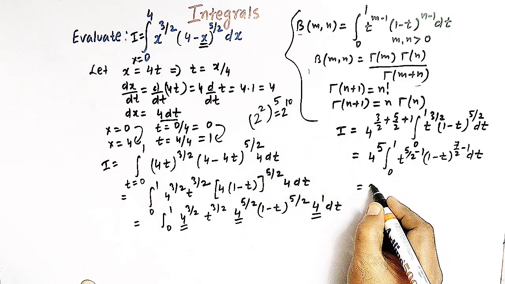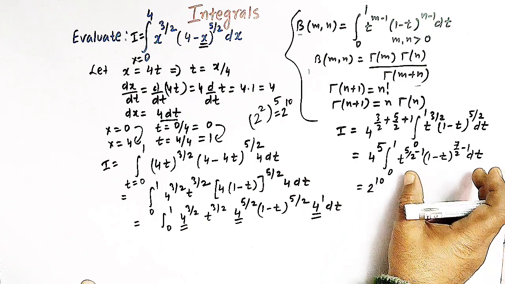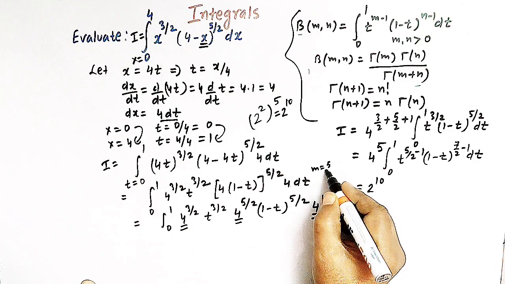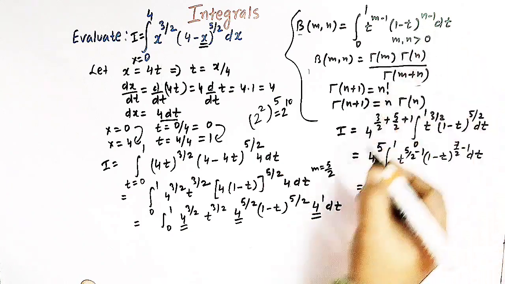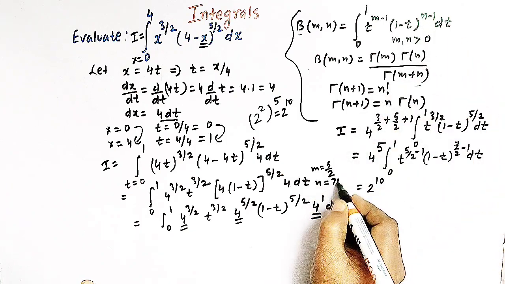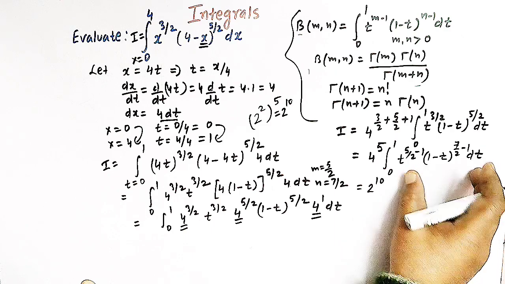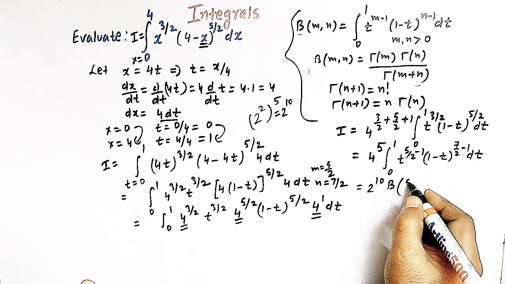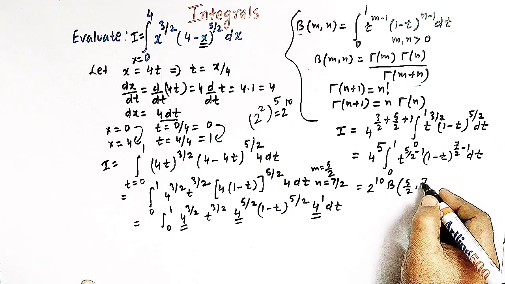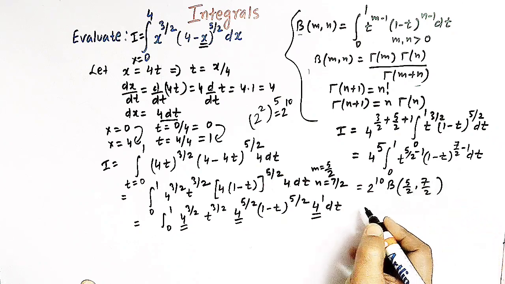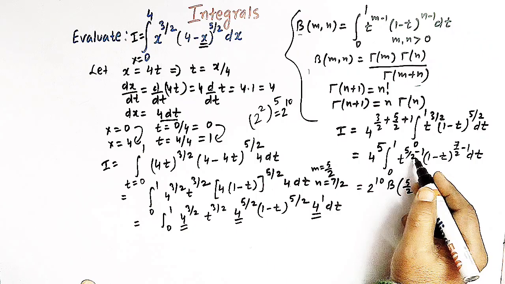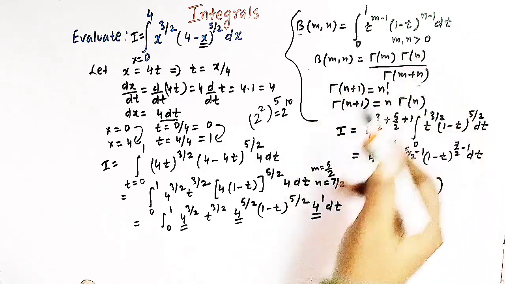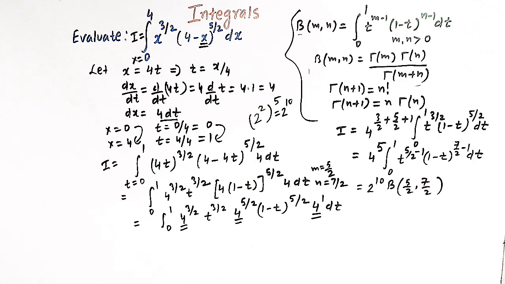So here we have 2 raised to 10, and here the value of m is given by 5 by 2, and the value of n is given by 7 over 2. So this integral is now equal to the beta function, that is beta 5 by 2 comma 7 over 2. And here it is quite obvious that 5 by 2 and 7 by 2 both are greater than 0, or positive.